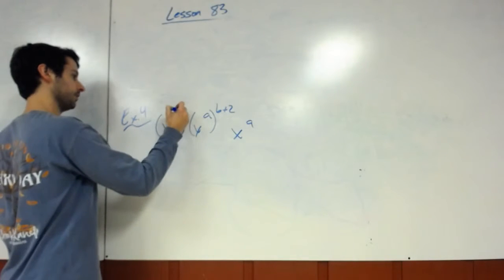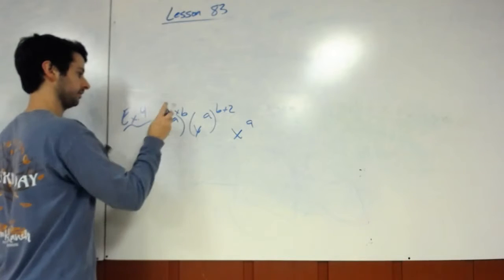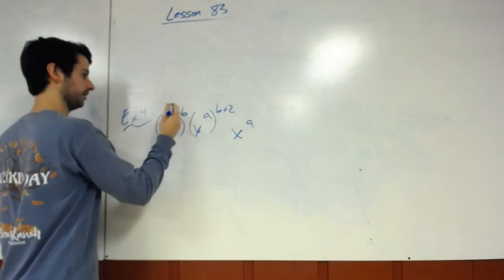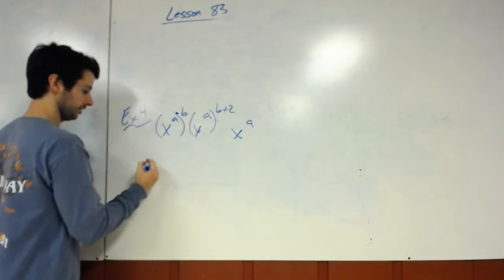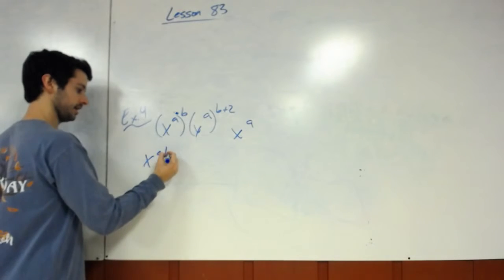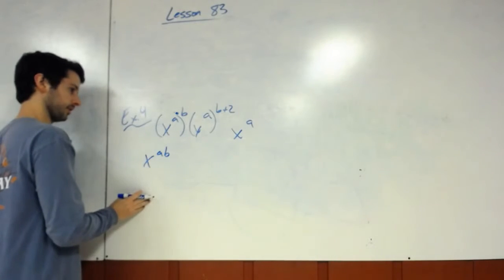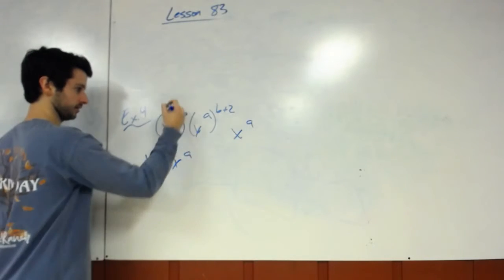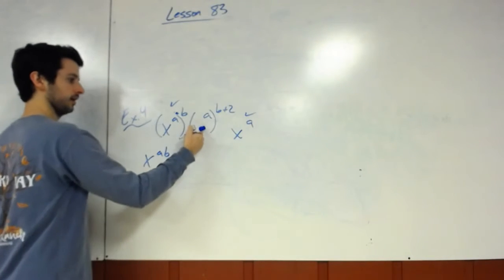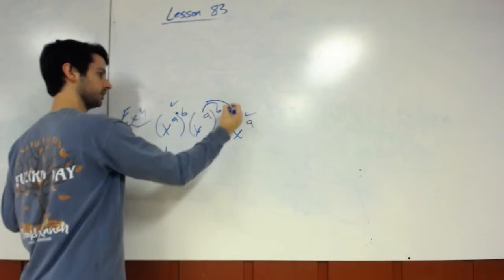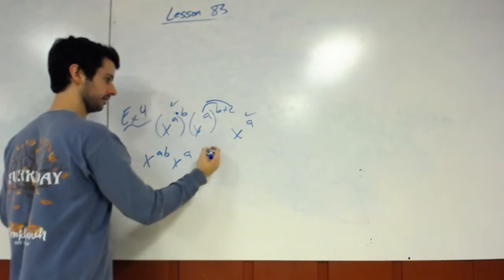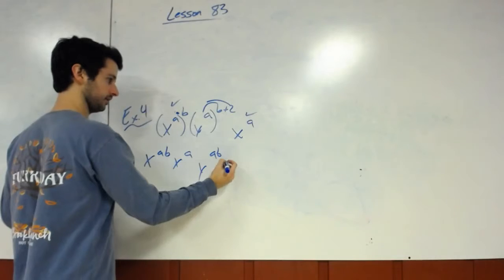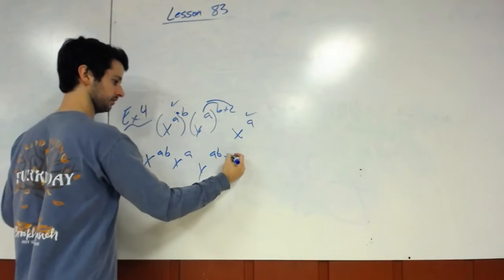So when we multiply, I'll use a dot instead. We get x to the a times b power. And then we do have x to the a. All right, so we've got those two. Then we have to distribute the a to both, so we get y to the ab power plus 2a.